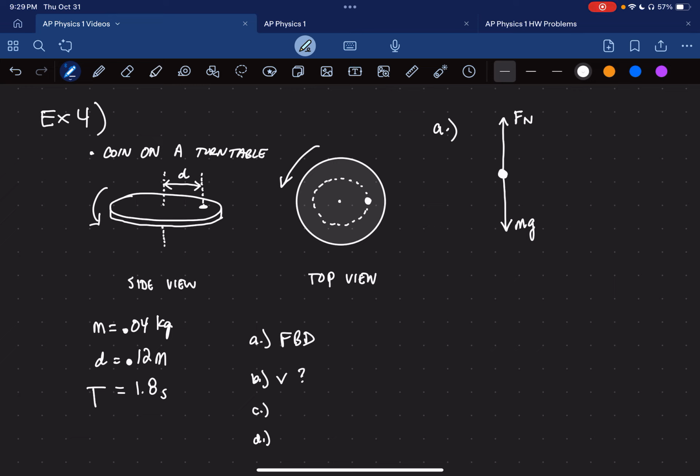And so the coin is going in circular motion, so there must be a centripetal acceleration pointed towards the center. There must be a net force pointed towards the center of that circular path. And so there is a force here that's pointing it in. We have to think about what force is giving it a centripetal acceleration, which of course has to be a friction force.